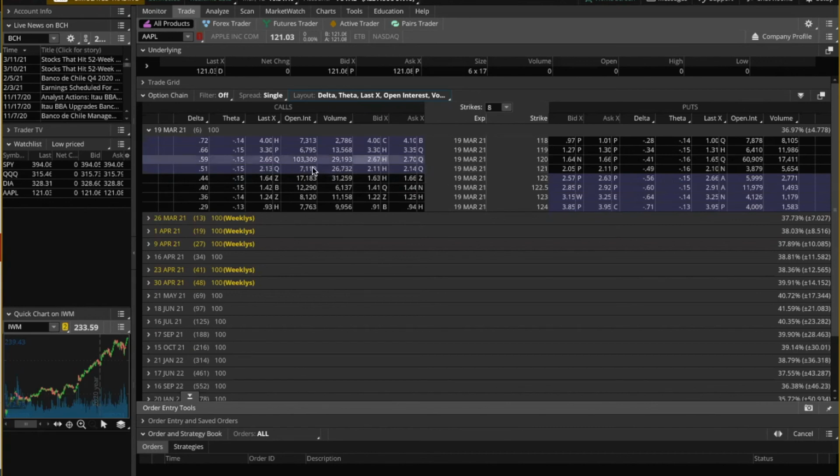That means maybe they bought it 30 days ago, 2 weeks ago, but they're just holding it and not actually trading it. So open interest means 7,110 people have this option contract but are not actively trading. Volume is the amount of people that are actively trading on this particular day.